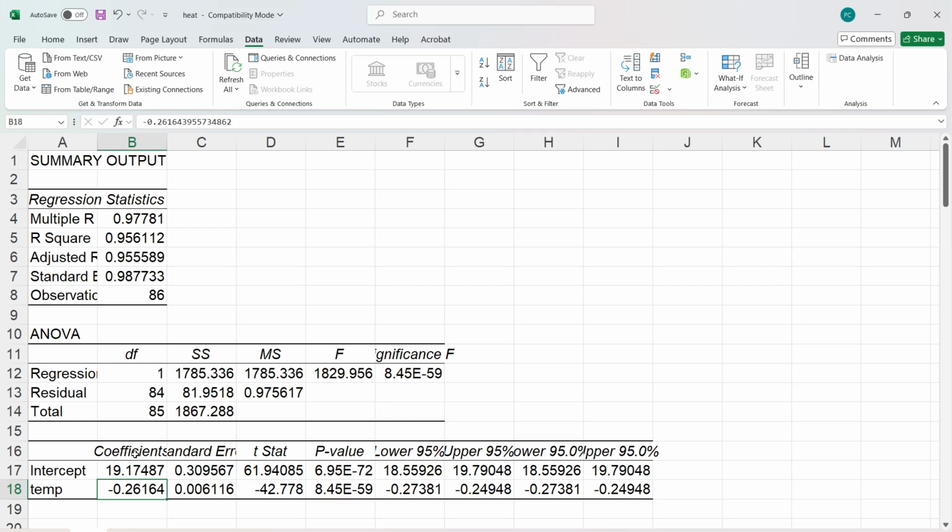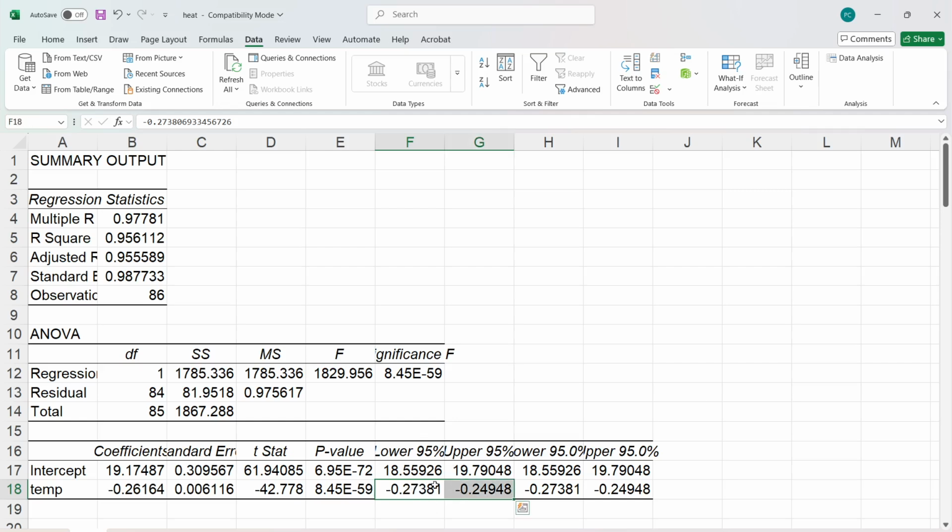And I can be a little bit more precise than that because I do have confidence intervals here. So this says if the true population parameter was this number, then there's a 95% chance of seeing a sample estimate in this range.